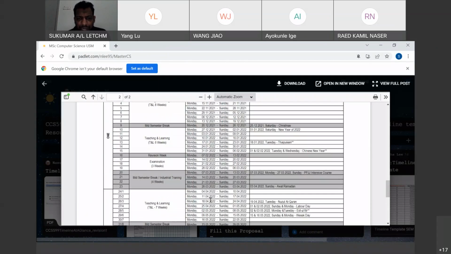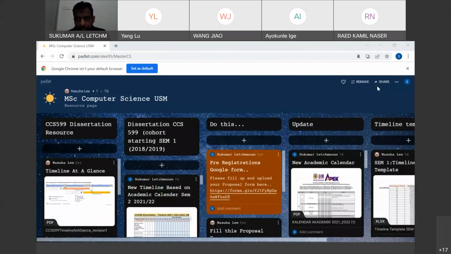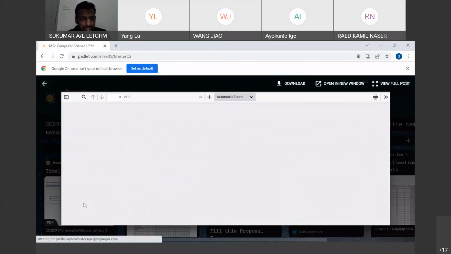But for CCS599, you will start during this mid semester break itself. So how does it work? This is the timeline at a glance.